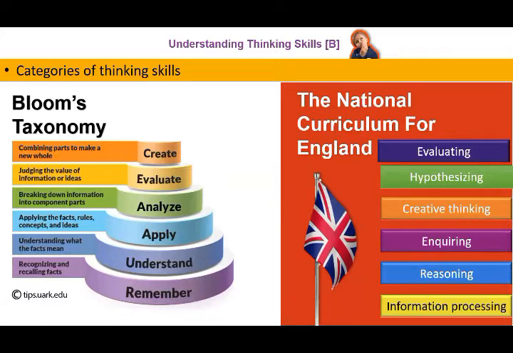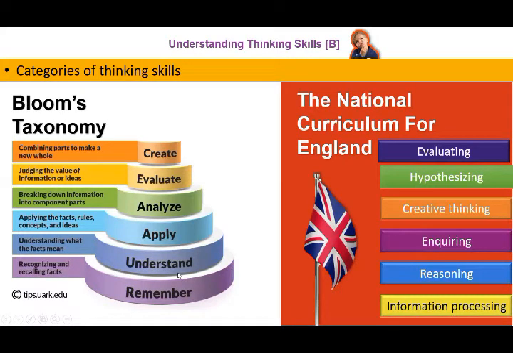So when I looked here, according to the national curriculum, there is actually a kind of deleted stage, as I said. Bloom's taxonomy begins with remember, and this is a stage you can't find in the English national curriculum. The national curriculum started with information processing, and this level equals understanding.